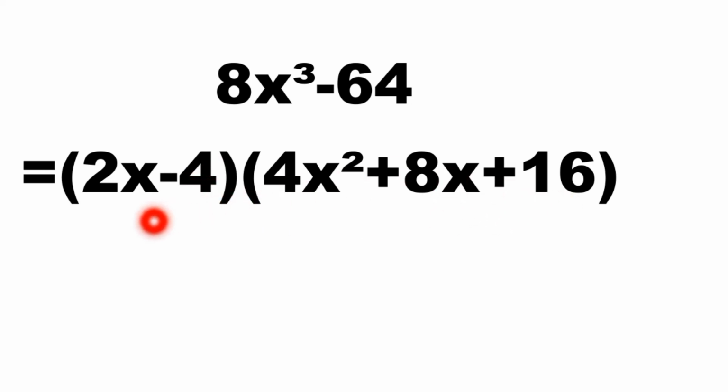So the factor of 8x cube minus 64 is equal to quantity 2x minus 4 times quantity 4x squared plus 8x plus 16. This is minus, and this is plus and plus.